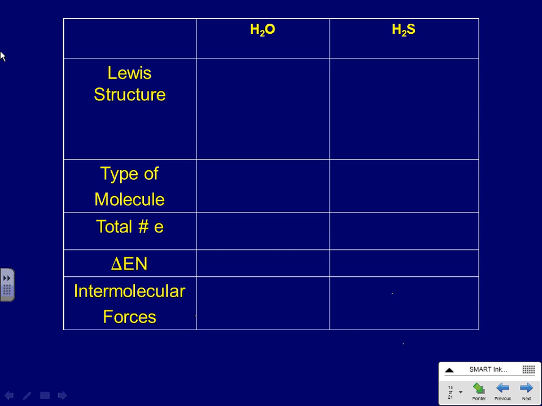Again, we do the same analysis. Delta EN, I don't remember. Oh, it was 0.3 something for the H-S.